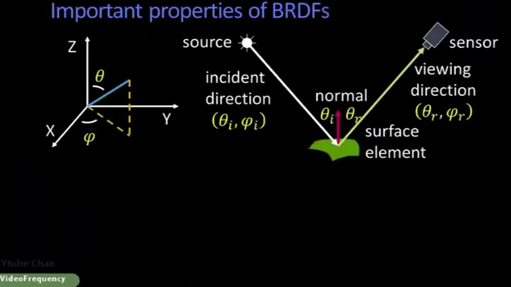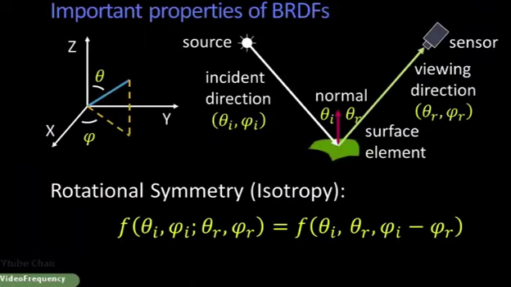For our purposes, there's another important property, which is referred to as rotational symmetry. The way of thinking about that is, if I rotate the surface about the normal, nothing's going to change, all right? And what that essentially means is that I only have to worry about the little tangent plane right at the point that I'm looking.